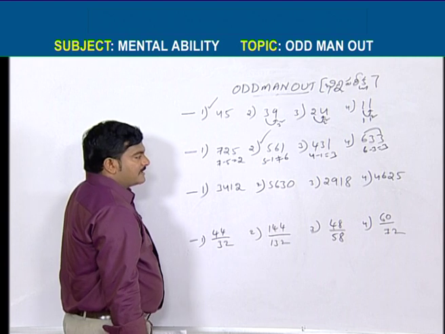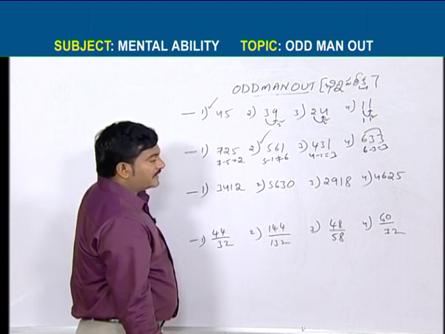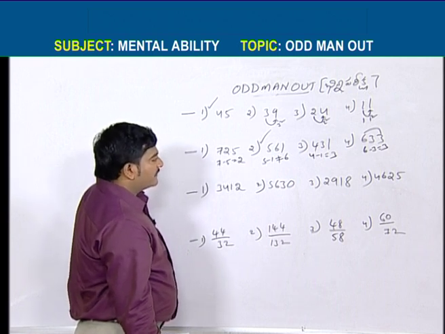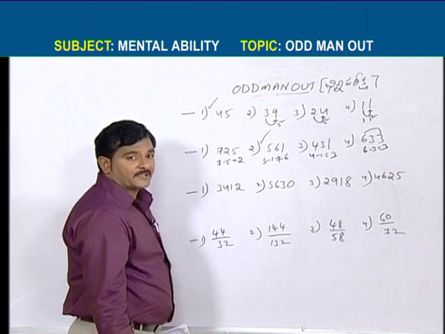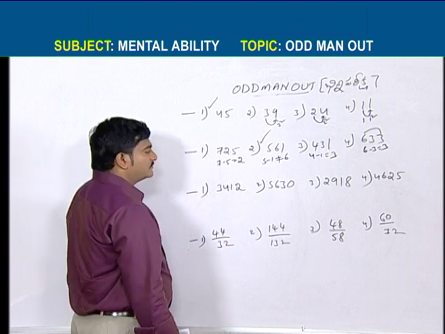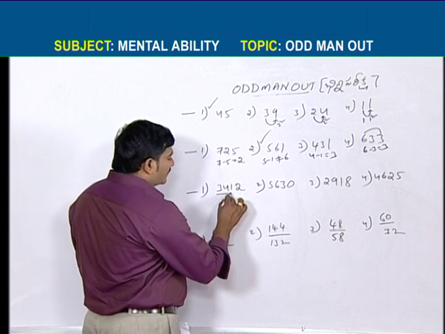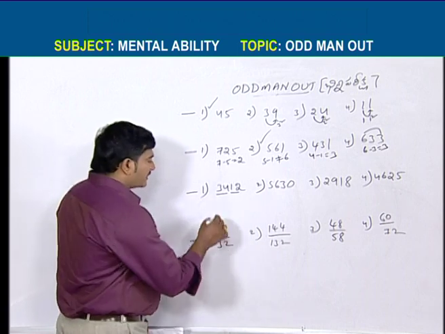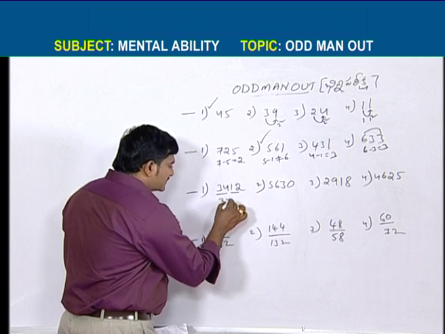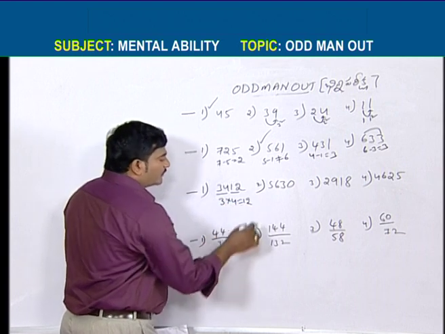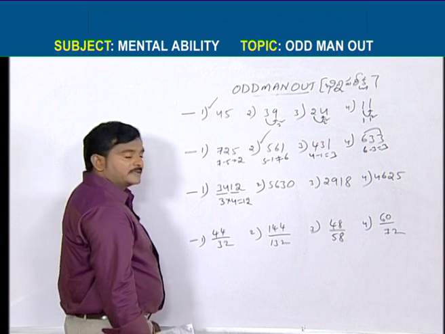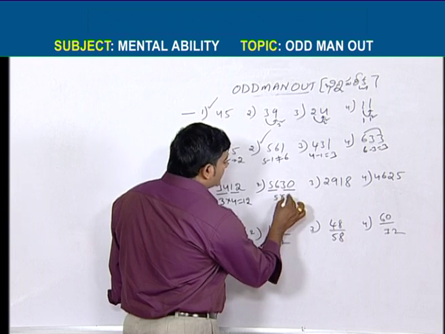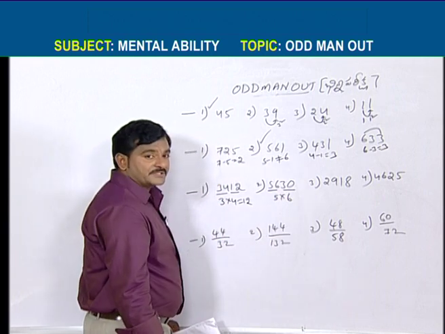Now focus on this. The numbers seem to be very big, 4-digit numbers. Don't put much effort into thinking about this. It's a silly logic in this question also. See 34, 12. What is the relation between 34 and 12? 34 means 3 into 4, 3 into 4 is 12. Similarly 56, 30: 5 into 6 means 30.